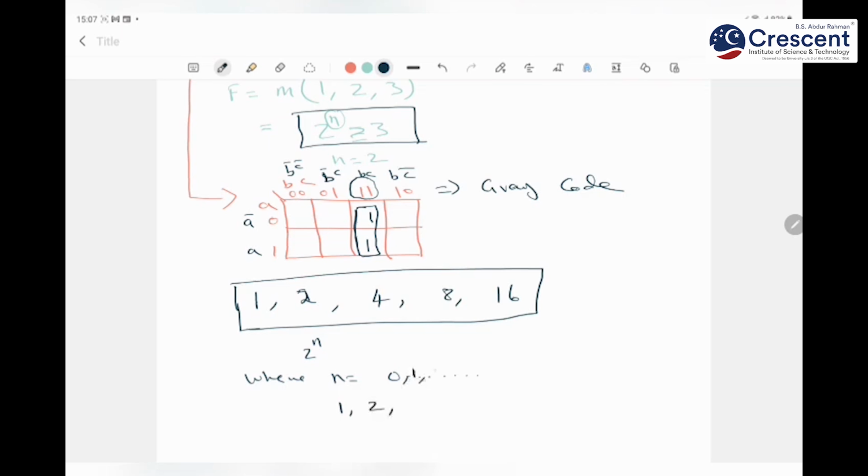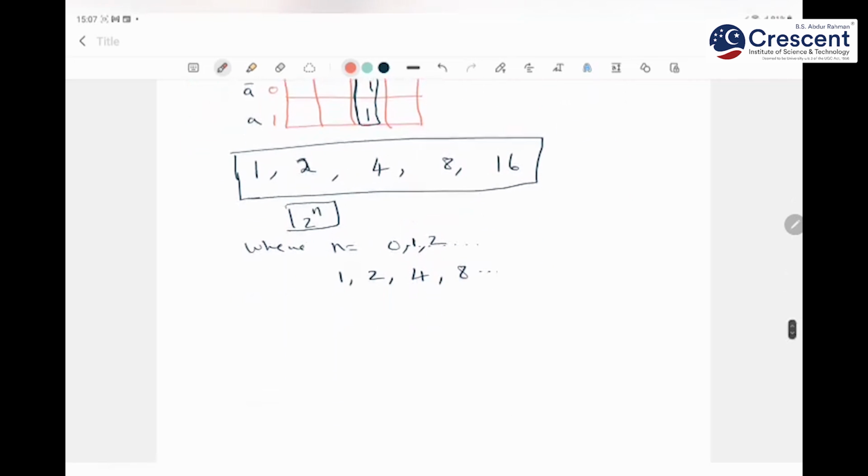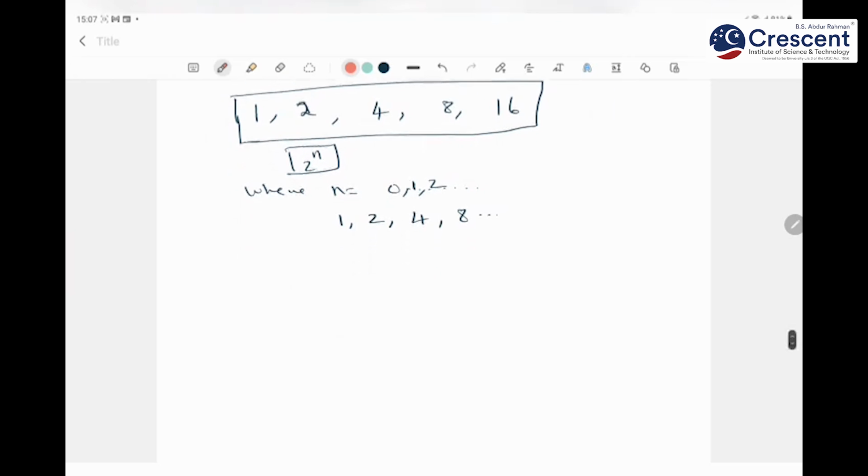If you substitute n as 2 you will get 4, and like this it goes on. So this is generally following the formula 2 power n. Now how will you select the cells? That is a bit tricky thing that I'll explain to you.